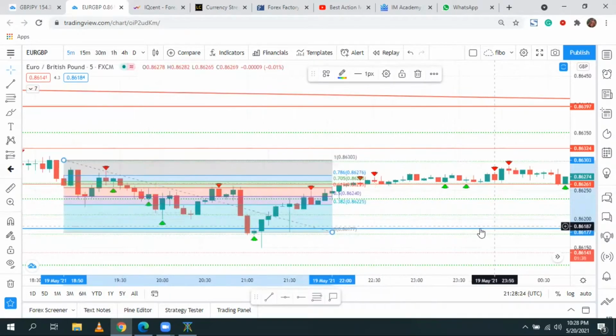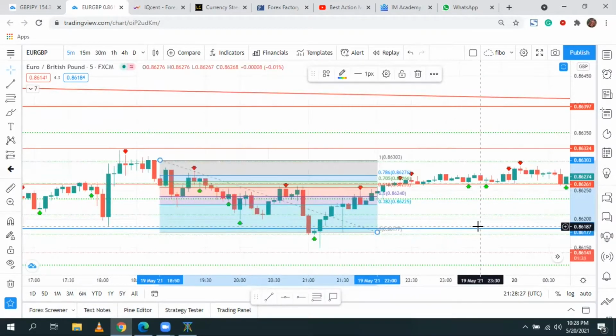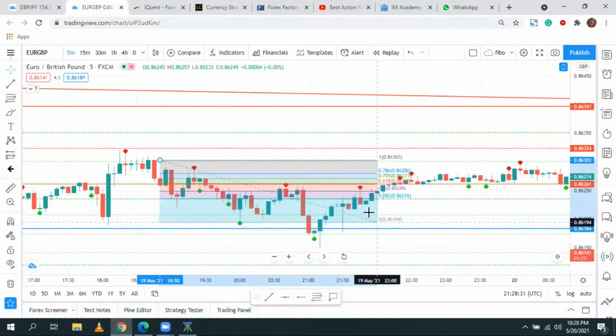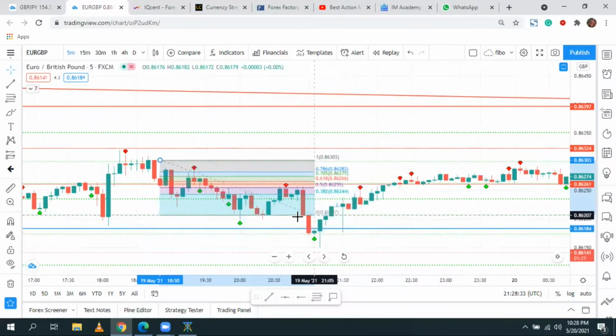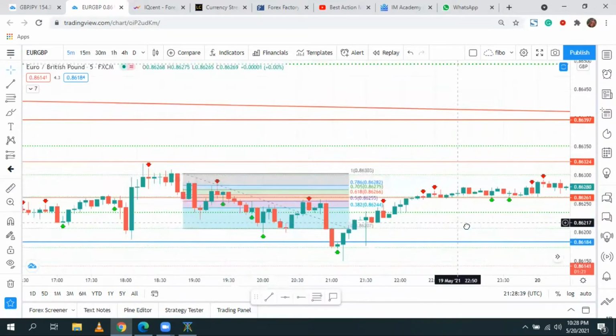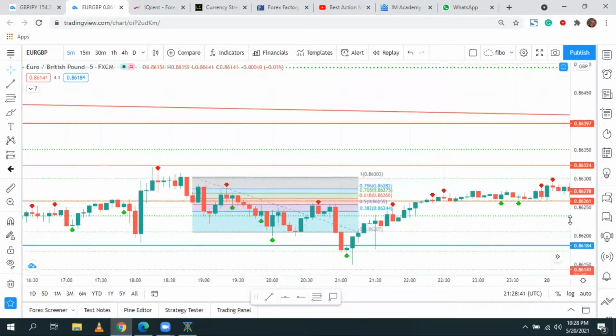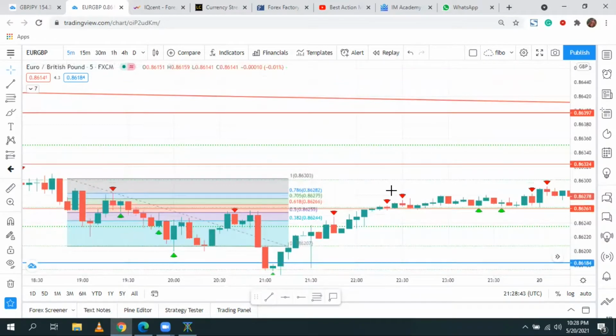So now, okay, let's even say we take it from here first. This market has not happened yet. And I want to show you something. I want to show you a perfect example of how Fibonacci will give you enough confirmation.